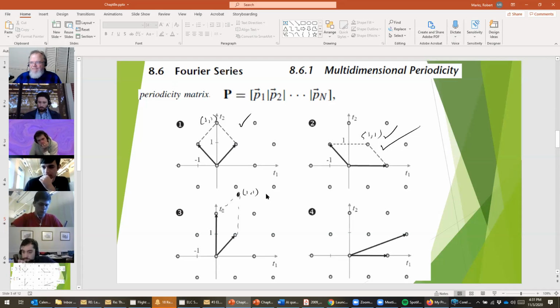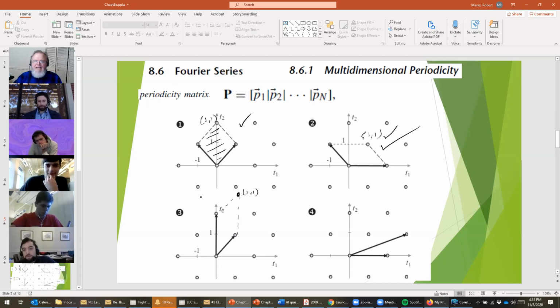Isn't that interesting? What do you think they all have in common? The corresponding periodicity matrices have the same determinant, because this area, look, this is the area.